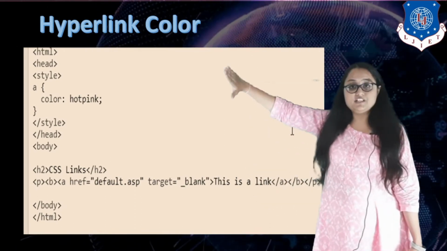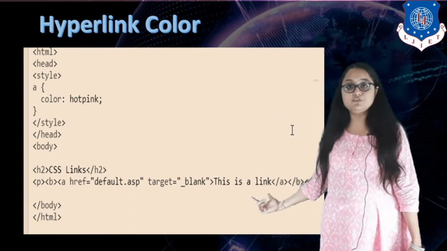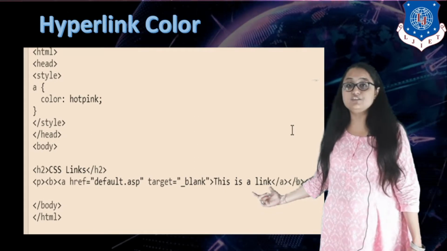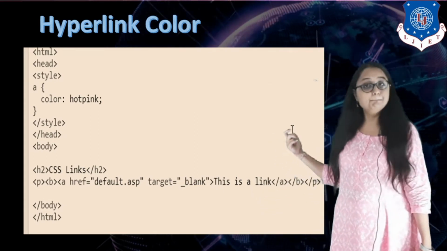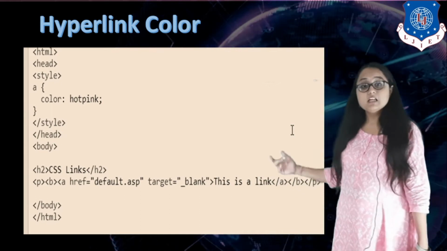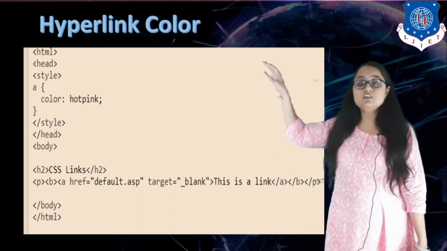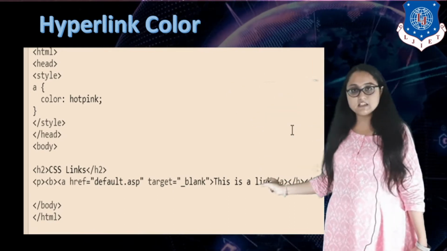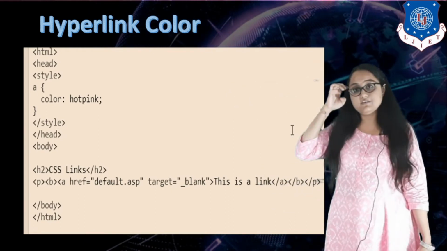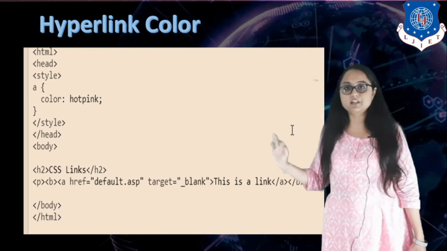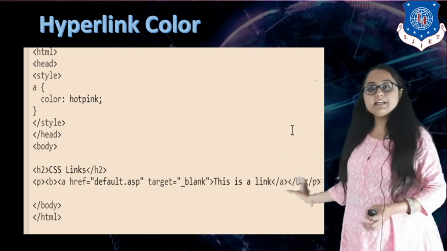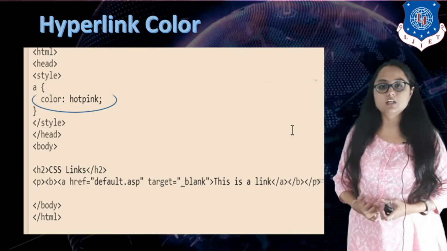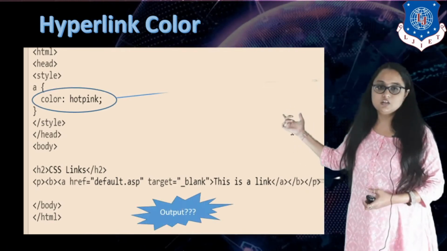If I don't specify this CSS property, by default this is a link will be displayed in which color? It will be displayed in blue color. But instead what have I done? I have written a CSS styling in which I have used the selector a, and inside a I have written color colon hot pink. So my link will be displayed in hot pink color instead of blue color.